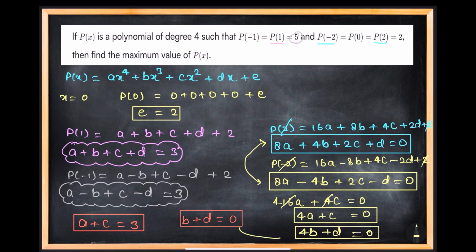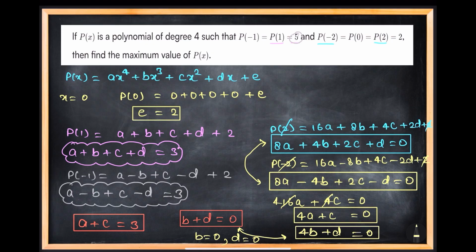Now can we simplify this with this to get b and d? So if you replace d with minus b, you will be getting 3b equals to 0. So you got b as 0. So if b is 0, d is also 0.